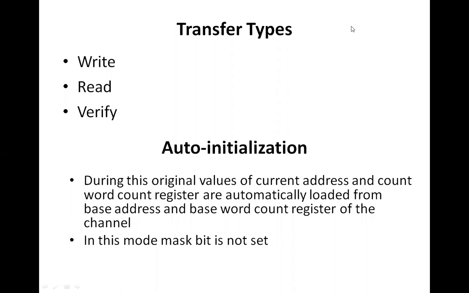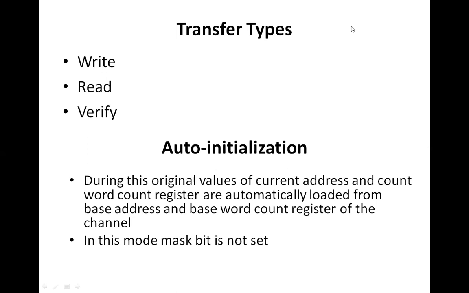What is the write transfer? Write transfer is going to copy the data from the input output device to the memory. Whenever it is a transfer type write, it means we are writing into the memory from the input output device. And how is it done?